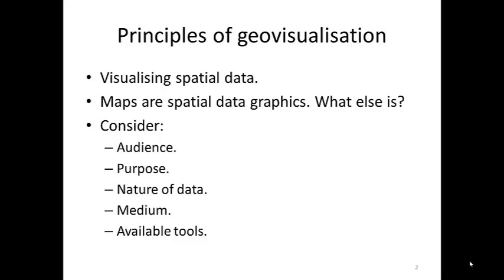Points? Graphs, yeah. Why not graphs? So just because it's spatial data doesn't mean it has to be on a map, okay? It might be that a map is the most efficient and effective way of communicating, but it might be that a graph, a chart, is much simpler.